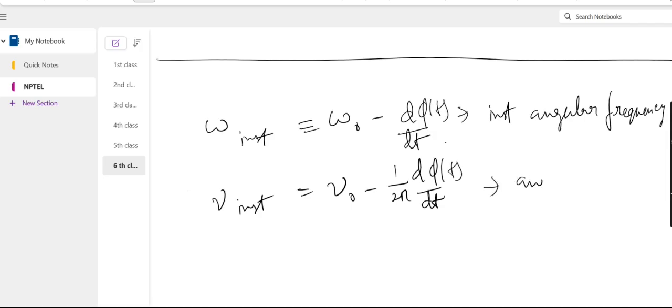And this is the instantaneous frequency, not angular.